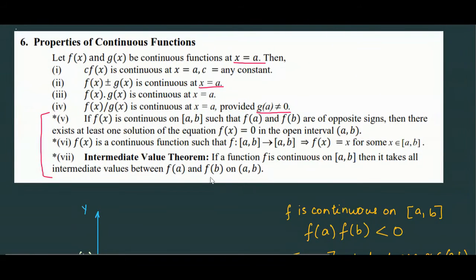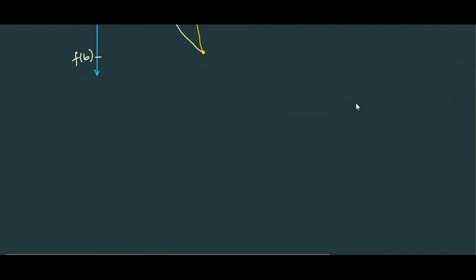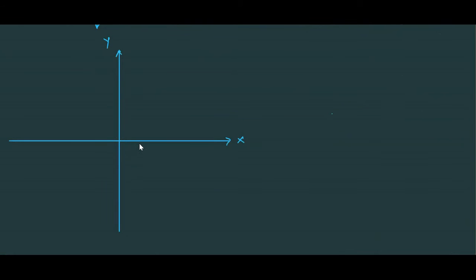Now next, if f of x is a continuous function such that f maps [a, b] to [a, b]. Okay, this is just an extension. Now this is the domain and this is the same as the codomain.